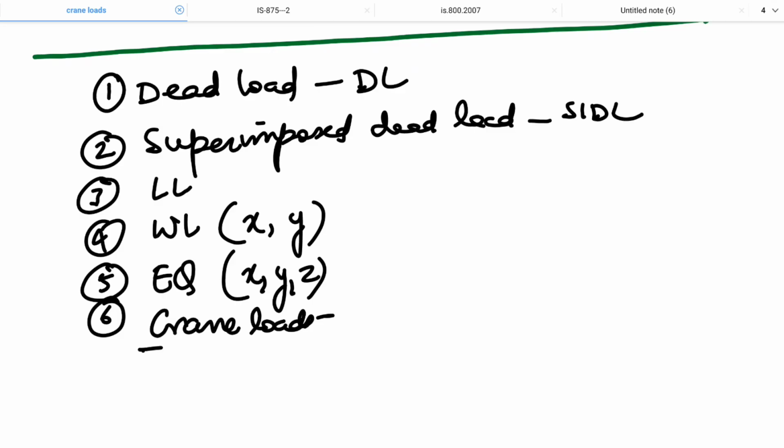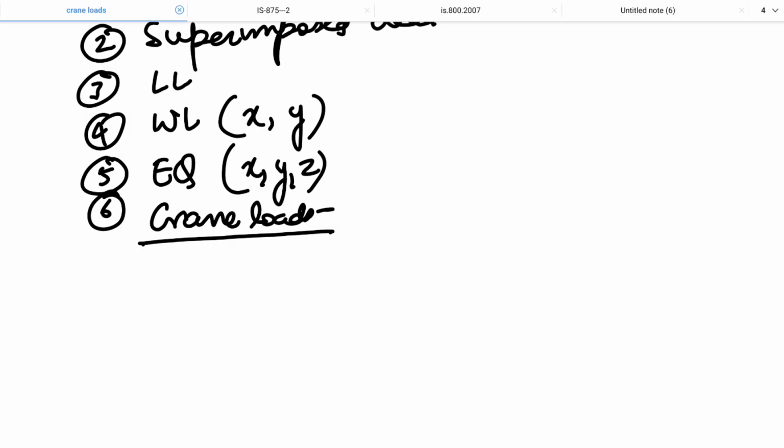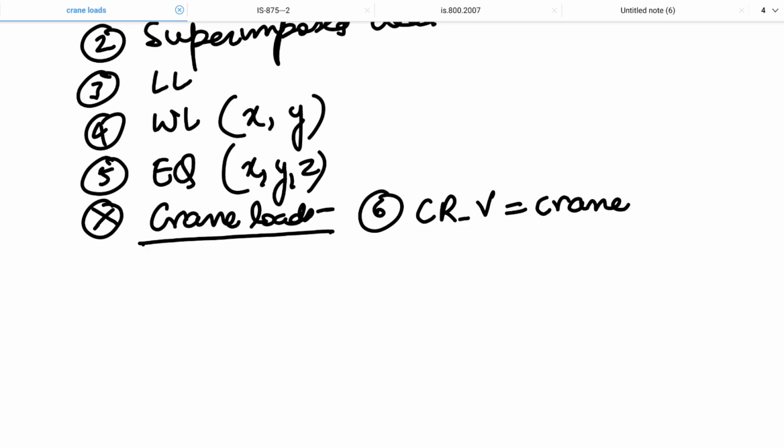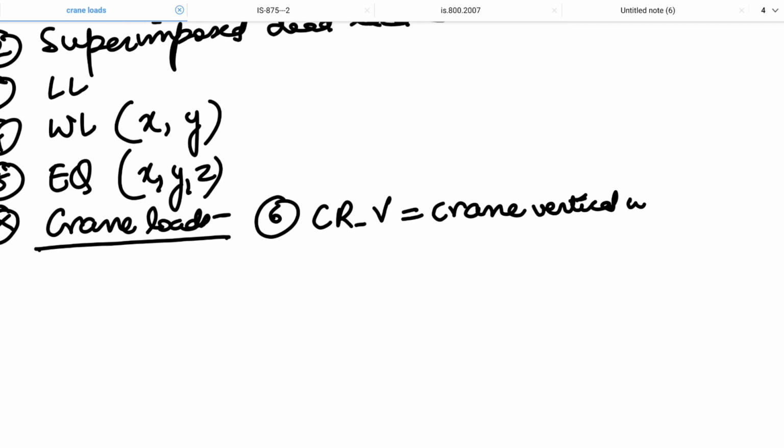Crane loads, actually from 6, we'll list down the crane loads, and I will just mark it as a heading. Now 6, let us assume CRV. CRV is crane vertical load. 7, CRVI.